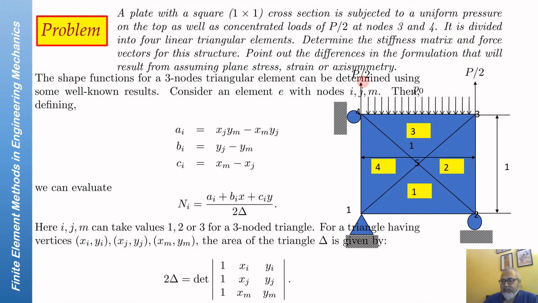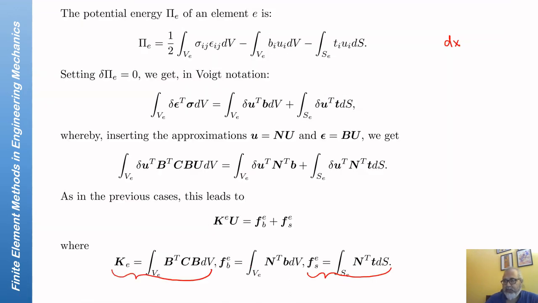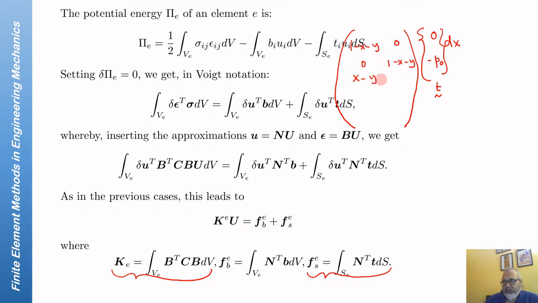If you look at it, it's actually dx, and dx goes from 0 to 1, and t is tx, tx is 0, ty is minus p naught, and n transpose, n we have already calculated, and n transpose is 1 minus x minus y, 0, 0, 1 minus x minus y, then x minus y, 0, 0, x minus y, 2y, 0, 0, 2y.